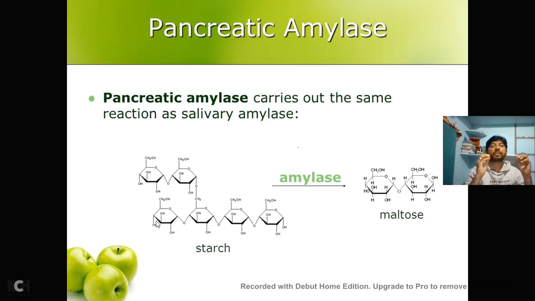In the mouth, only 10% of starch is converted to maltose and then to glucose. The remaining 90% breakdown of starch takes place in the duodenum. That means no carbohydrate digestion takes place in the stomach. Right? Now the remaining starch will be broken down to maltose, then maltose to glucose, in the presence of amylase. This is the function of pancreatic amylase.